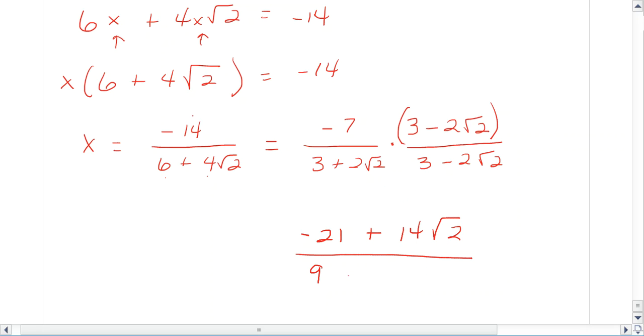So I'm not going to bother writing in those two middle terms. And then we'd have minus 2 times 2 is 4. Square root 2 times square root 2 is 2. Well, this is interesting. So I end up with 9 minus 8, which is just 1. So my denominator is 1. The final answer then is -21 plus 14 square root 2.